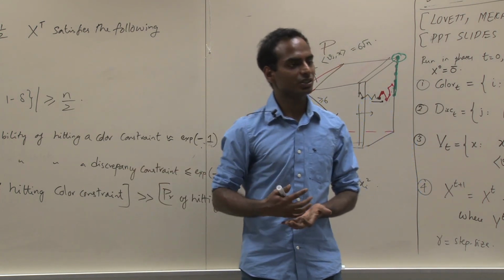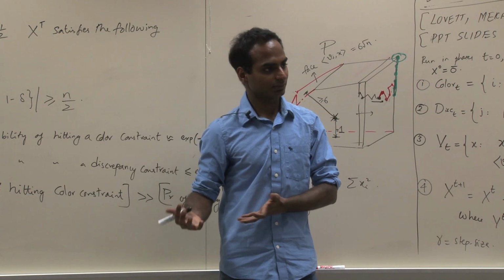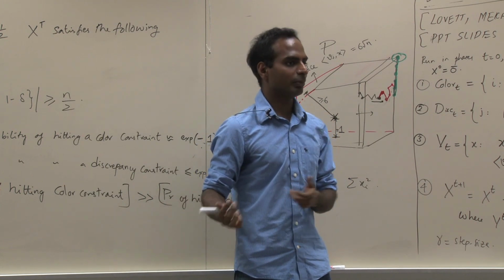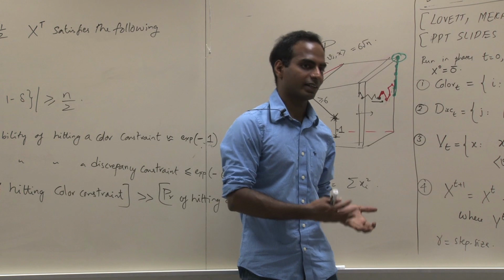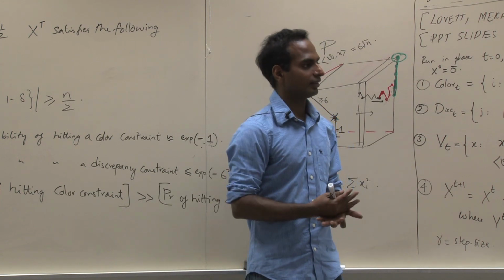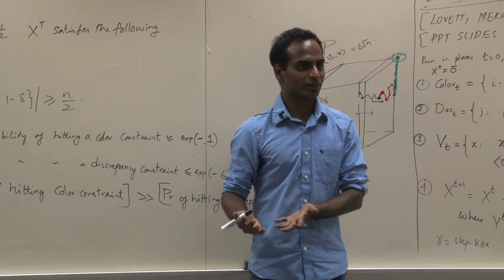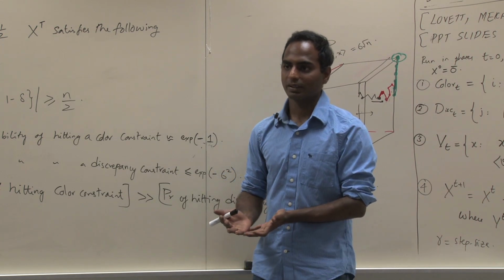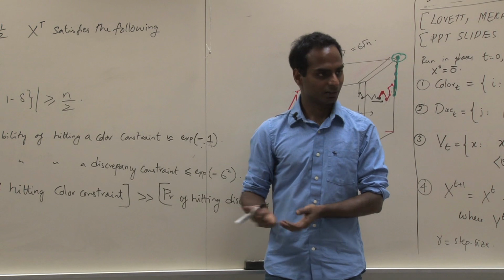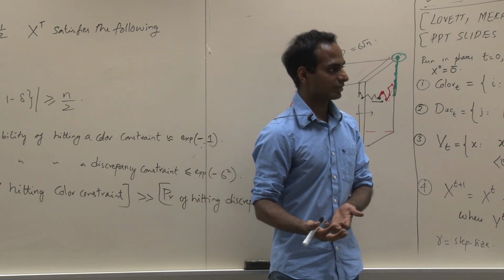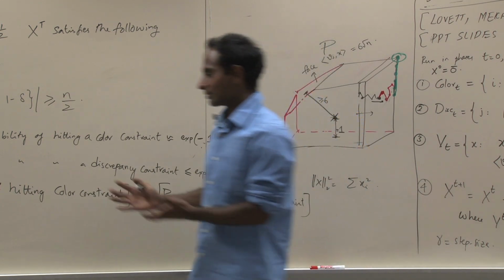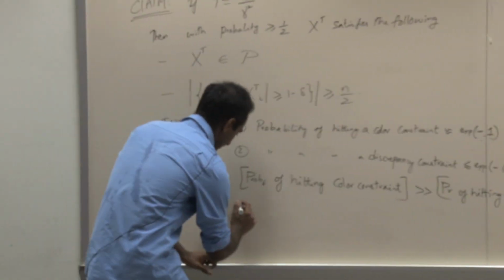So the majority should be color constraints. And if you're imposing n constraints and the majority are color constraints, then you must have imposed n over 2 color constraints, right? Which is what we want. That's what a partial coloring is for us. And this is vague intuition, but let's write it down.